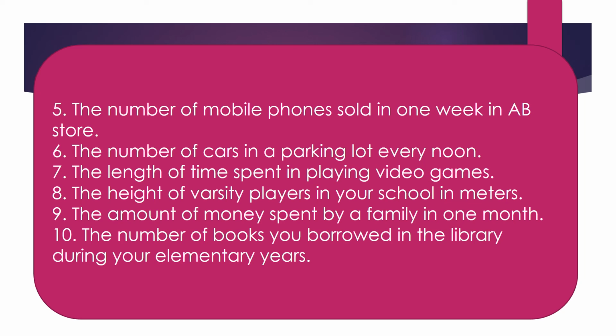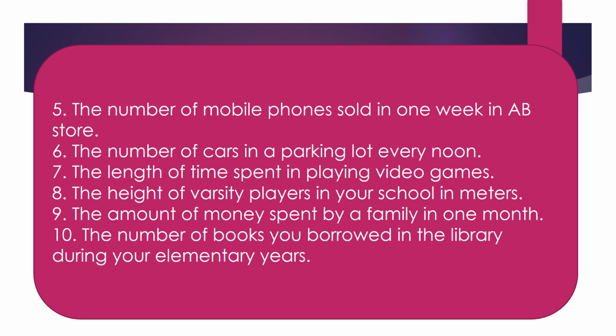Next, the number of cars in a parking lot every noon. It is a discrete random variable. The length of time spent playing video games. Very good, it is a continuous random variable.